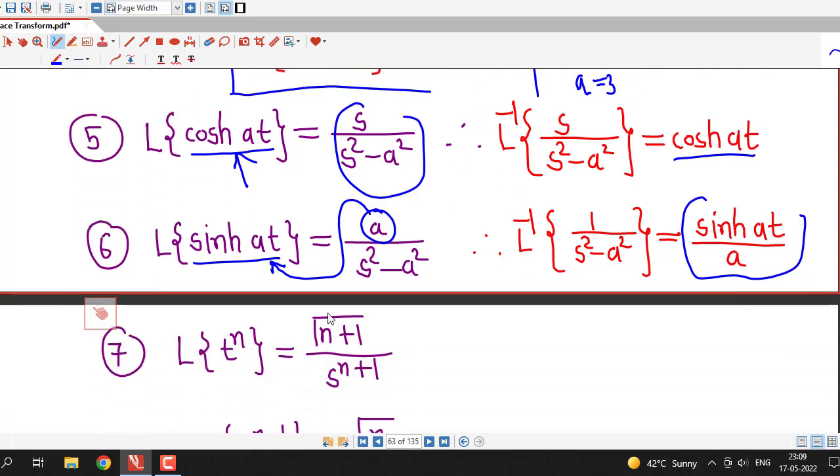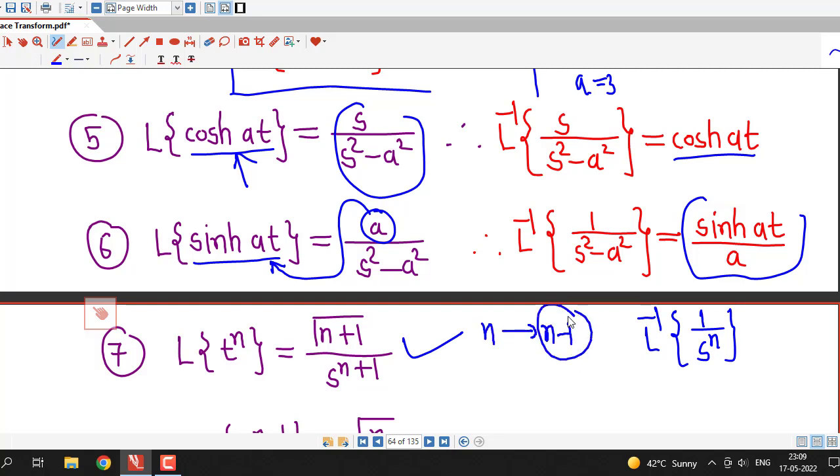Also we have seen this formula: Laplace transform of t raised to n is gamma n plus 1 divided by s raised to n plus 1. And suppose I am interested in the L inverse of 1 divided by s to the power n, then I can replace n by n minus 1 in this formula, so that I will obtain s raised to n here.